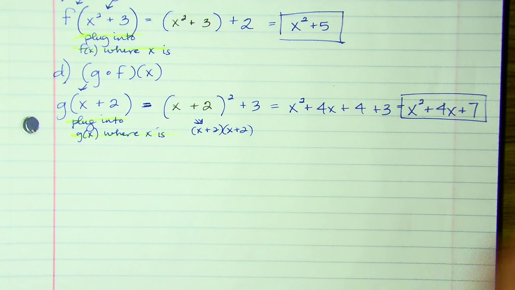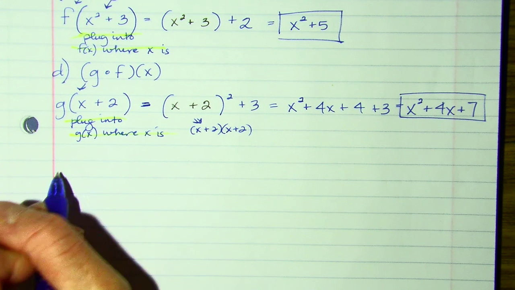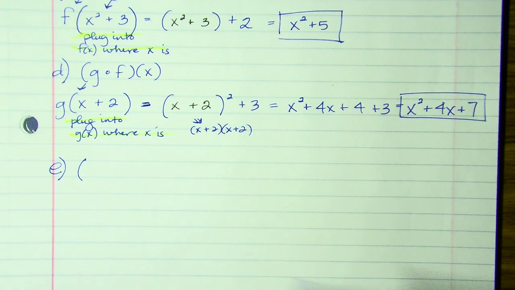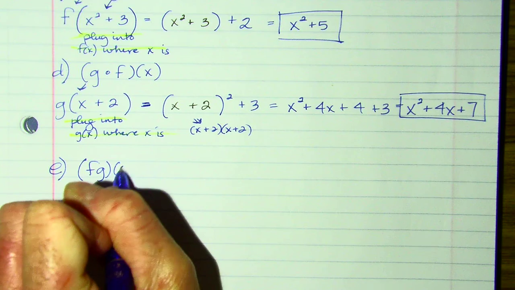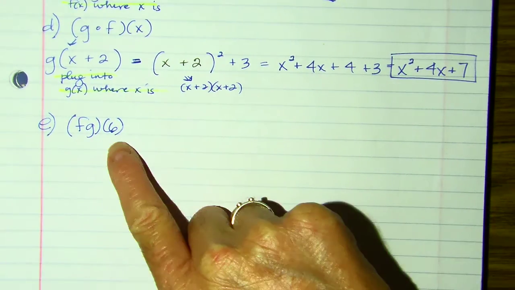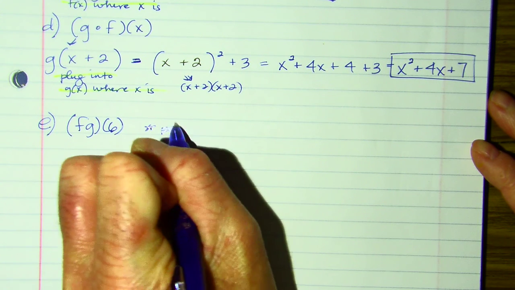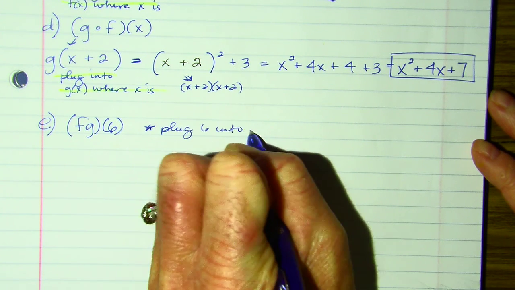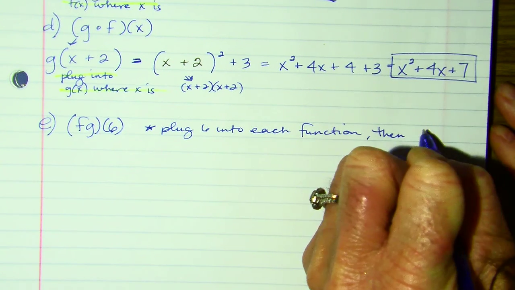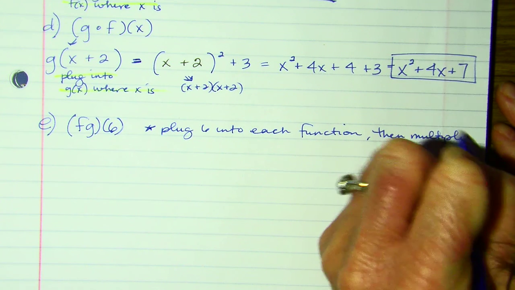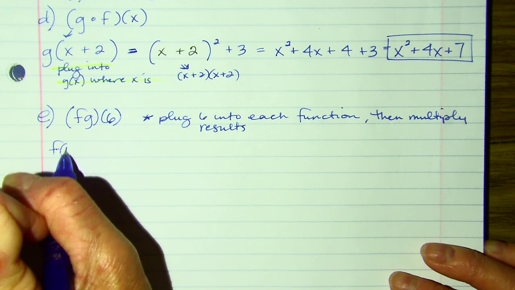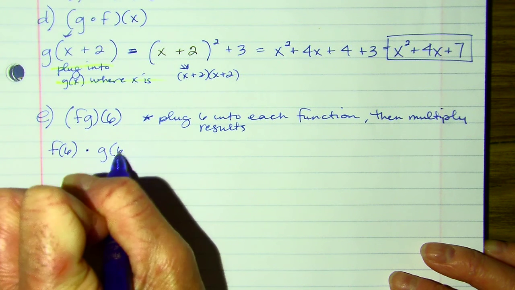So that covers most of those. Now let's deal with if these had numbers. So part E. So if I said, what is f of g of 6? Remember, this is saying we're plugging 6 into each function, then multiply the results. So it's basically saying find the function of f at 6 times the function of g at 6.